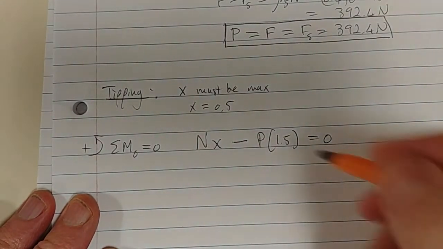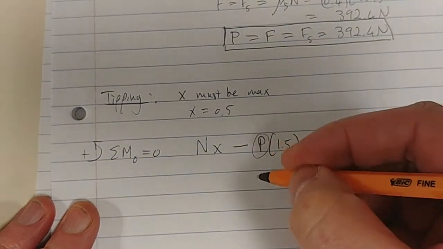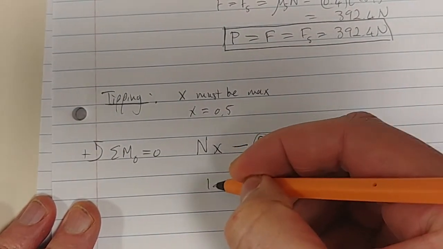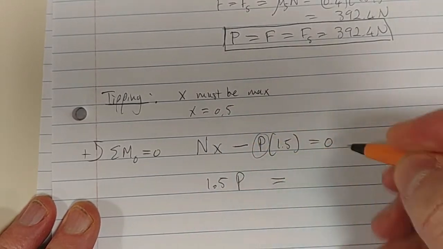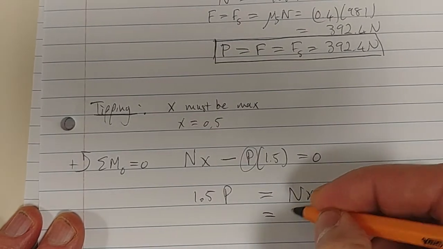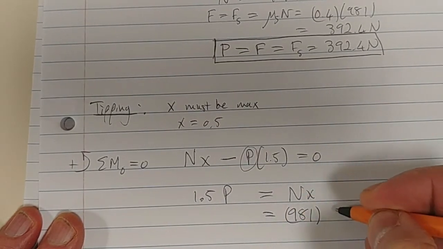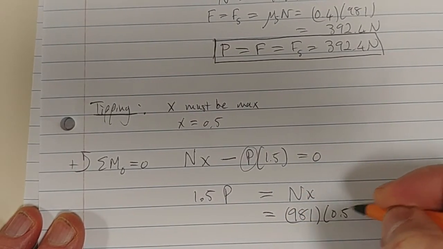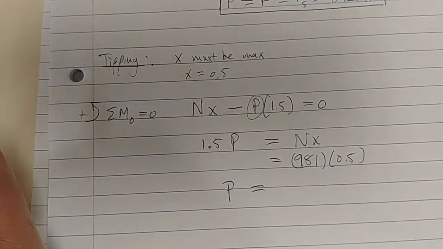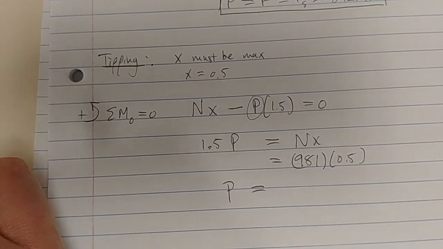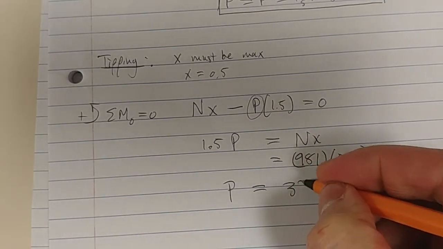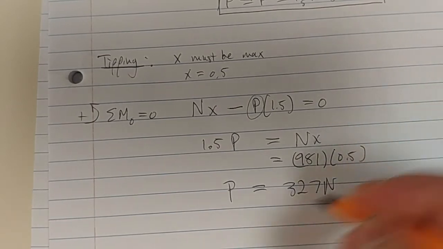All right, and we're trying to solve for P. So we have 1.5 times P is equal to N times X, and we know that the normal force is 981 and X is 0.5. So P is then 981 times 0.5 divided by 1.5, which is 327 Newton.